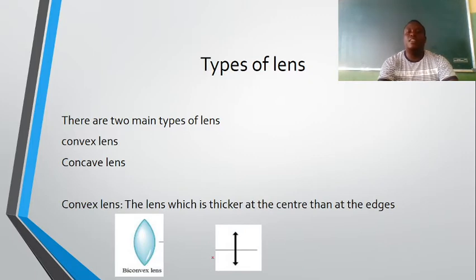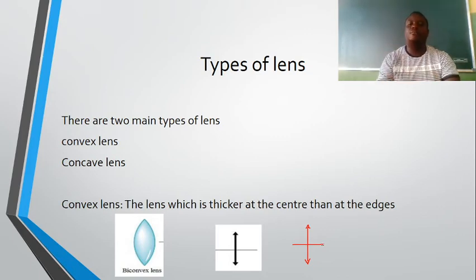We symbolize the convex lens like this when tracing rays. This is the axis. We will draw it like this when we trace ray diagrams using convex lenses.